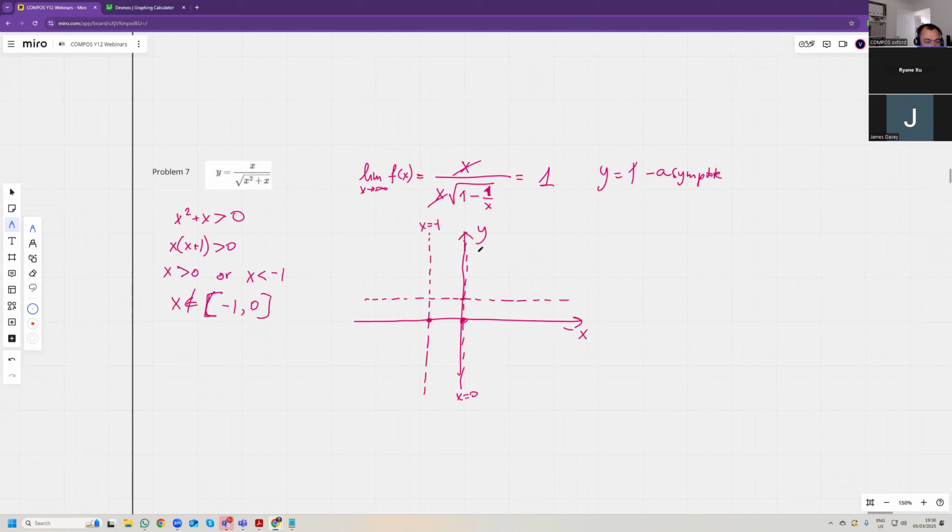Those are the asymptotes. So it's positive here, so it should be something like this. And it should be something like, ooh, minus.